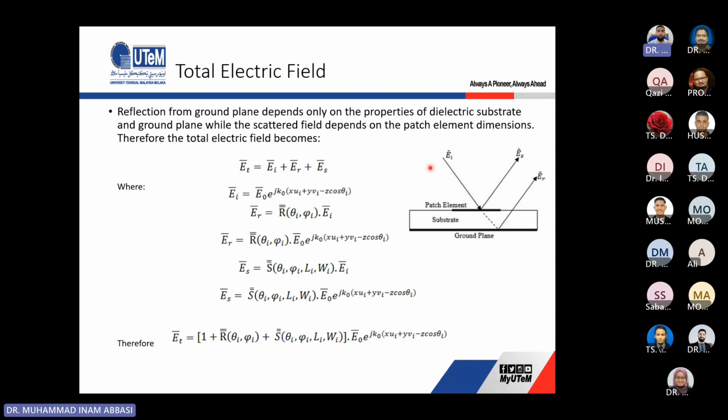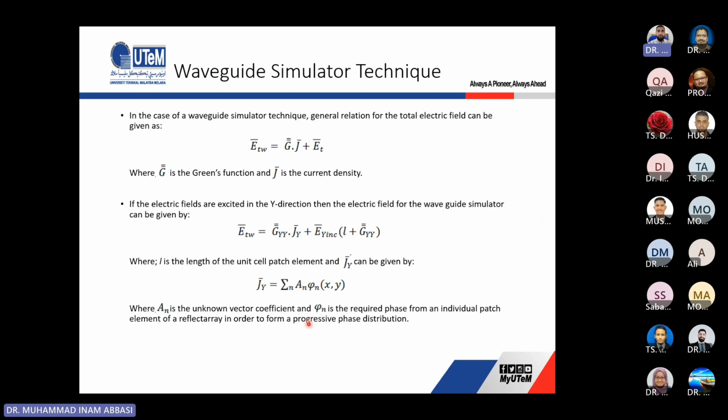Based on the incident electric field, we know that it will have the scattered fields from the patch element, and it will have the reflected field from the ground plane. So the total field will depend on the incident, reflected, and scattered fields. I will skip the further details, but we did the mathematical modeling for the calculation of this phi n.